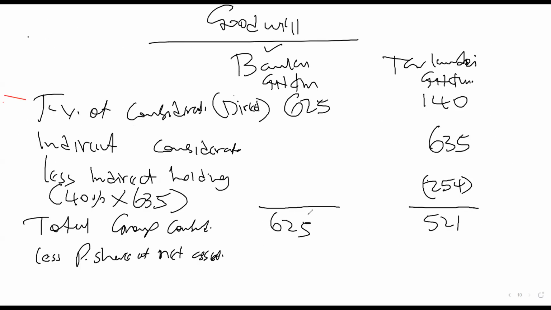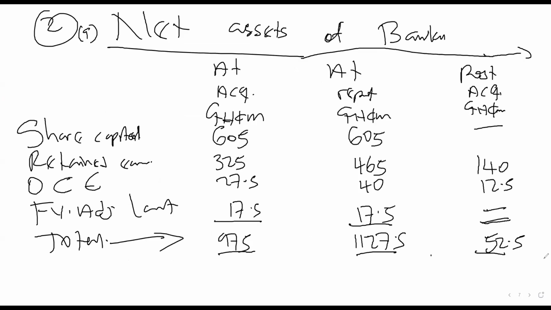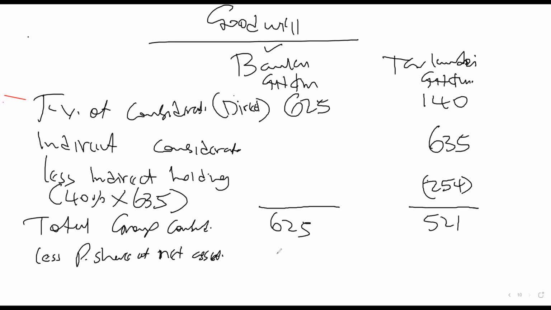What do you get? 58.5. Let's go. Show working. How did you get it?